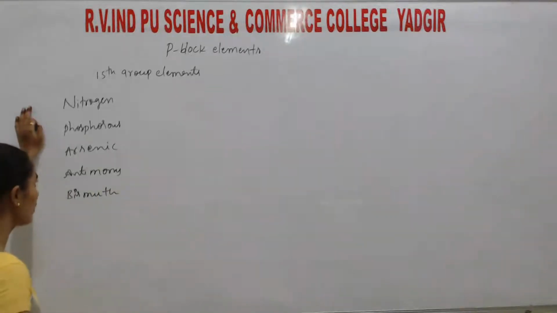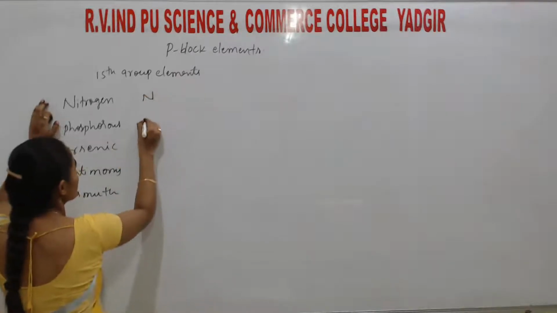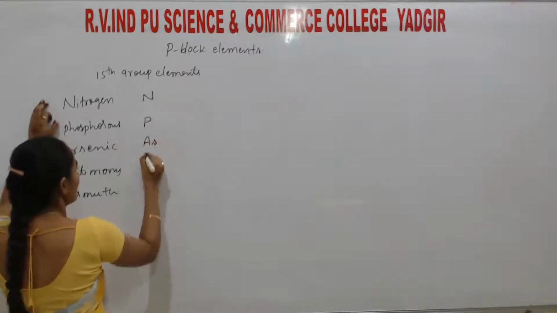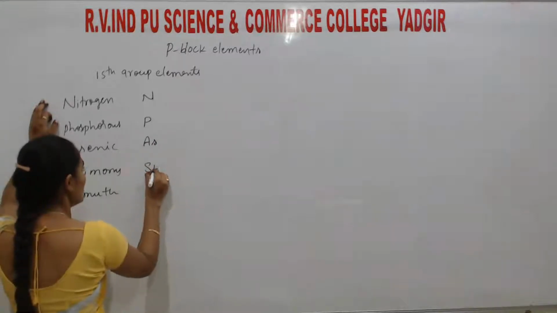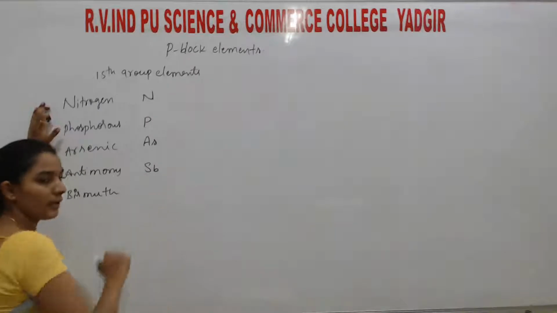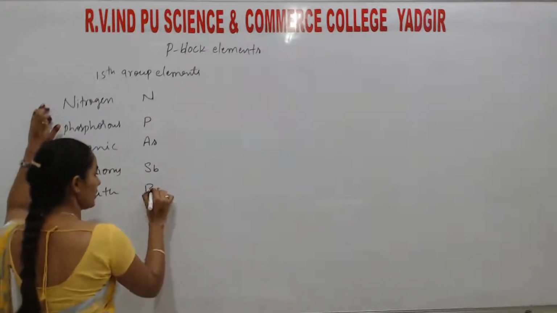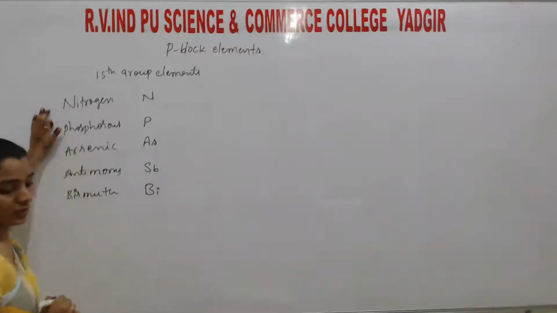The last one is a radioactive element; we won't consider that. So the nitrogen symbol is N, this is P, this is As, and antimony is Sb because its Latin name is stibnum. Bismuth is Bi.